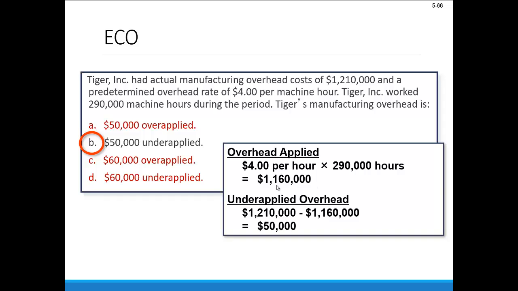That's applied of 1.16 million versus actual overhead of $1,210,000. So I've applied less than I incurred. I've got to be under applied. So take the difference, 1,210,000 minus 1,160,000, and there's my under applied overhead of $50,000.